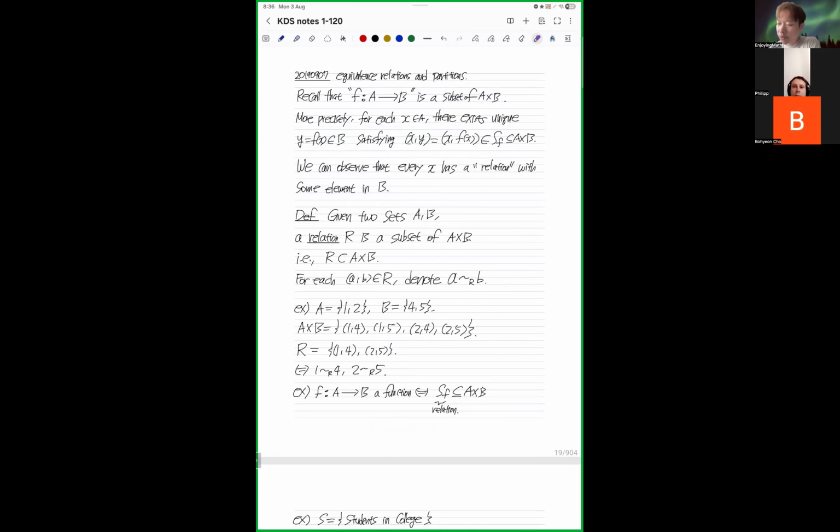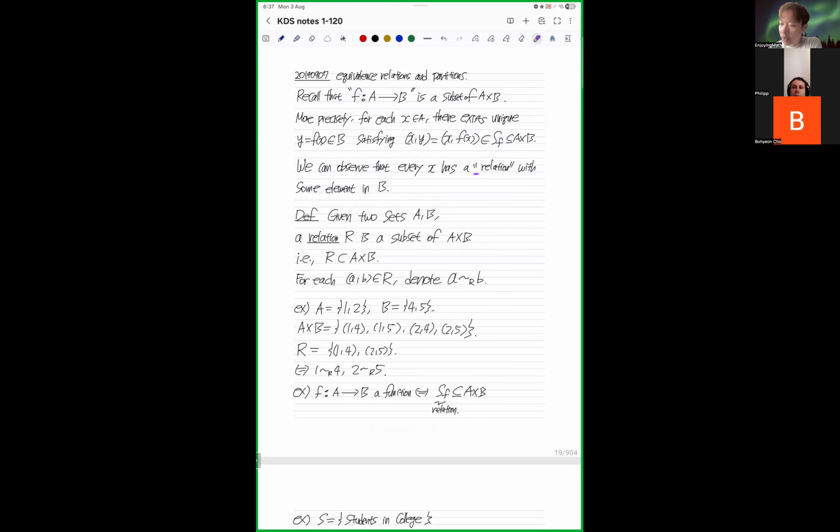And we observe that every x has a relation with some elements in B. In this case, I think we didn't really use relation in a mathematical sense, but more intuitively. Previously we used the word mapping between elements in one set and the other set, but we didn't specifically use the word relation. So basically, we can say that relation is a more general term than function. A function is a specific form of a relation, but there are others.